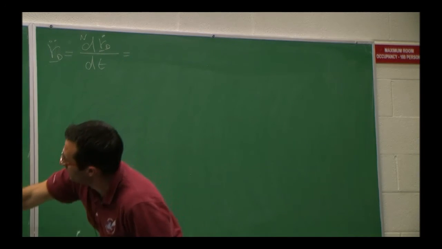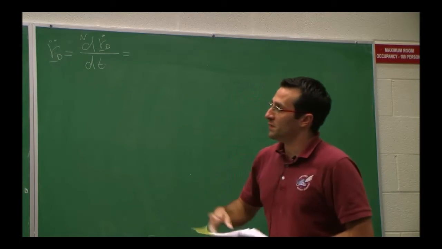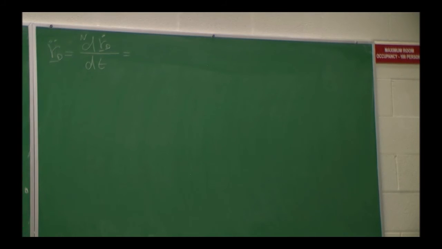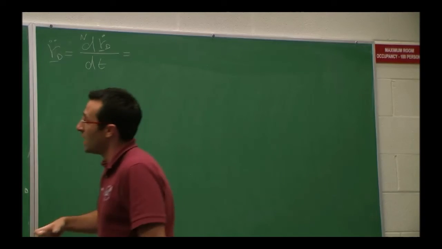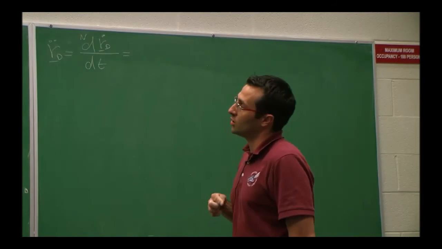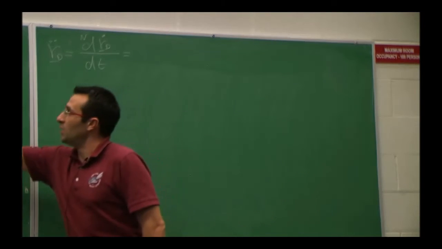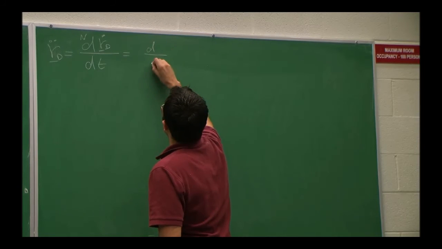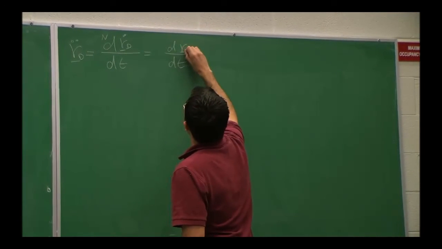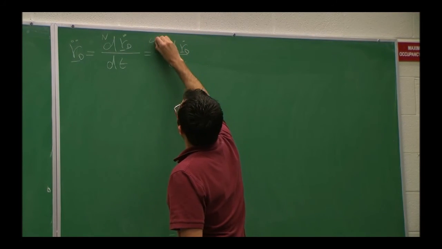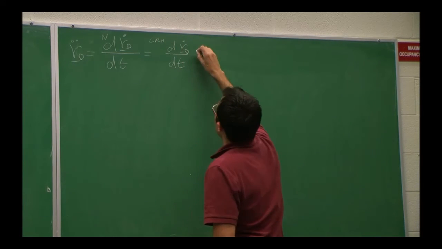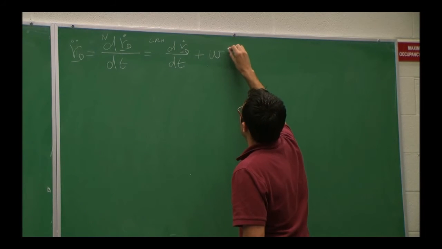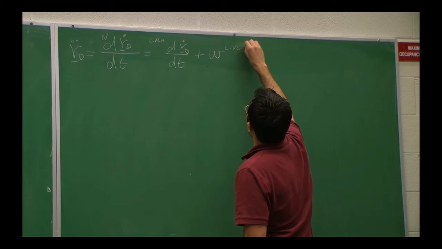You take that vector down here, you take its time derivative with respect to LVLH, which means you only differentiate these terms, and then you add the cross product between omega and the vector itself. In other words, you do this. This is in LVLH, which means your I, J, and K are assumed to be not changing. But then since they are actually changing, you add this additional piece.